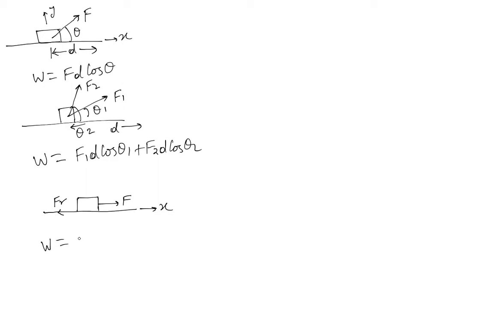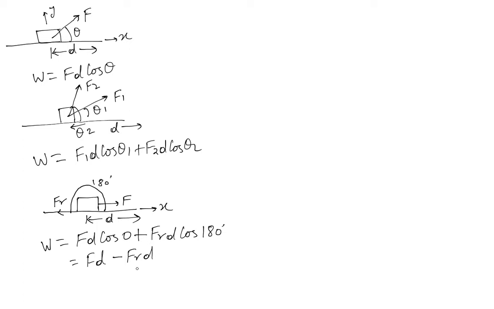Again, you move it by distance d, so it's going to be F d cos 0 because this force is making an angle 0 with the x-axis, plus Fr d cos of 180 degrees, because this vector is making an angle of 180 degrees with the x-axis. Cos 0 is 1 and cos 180 is minus 1. This turns out to be Fd minus Frd.